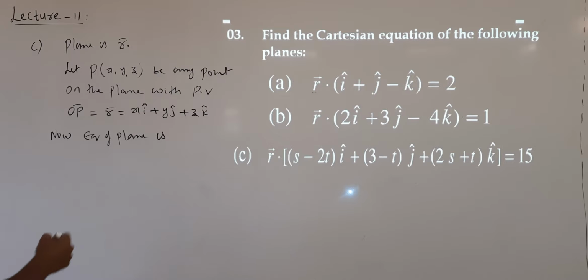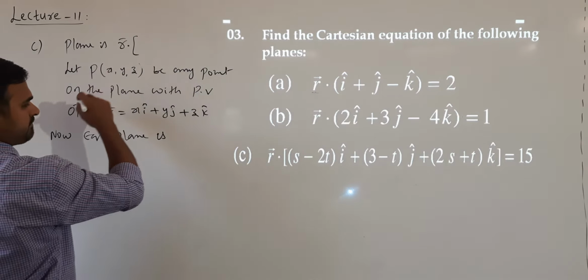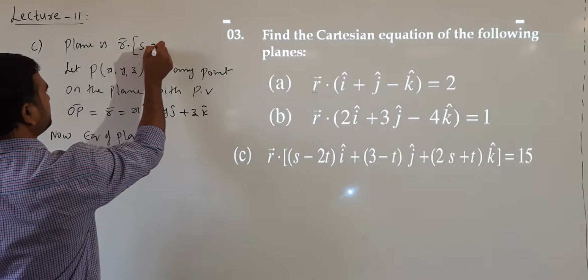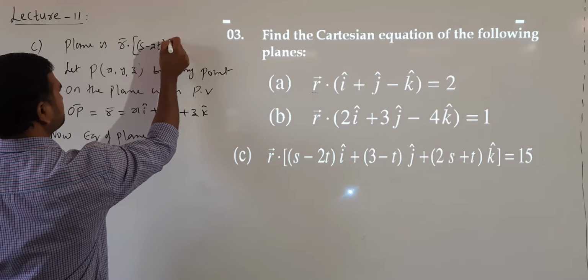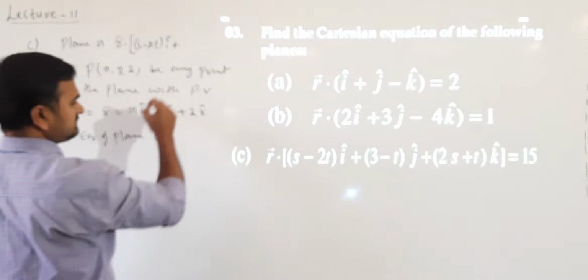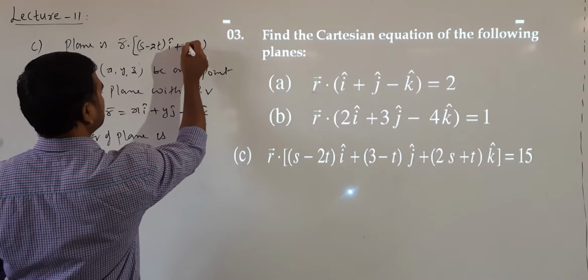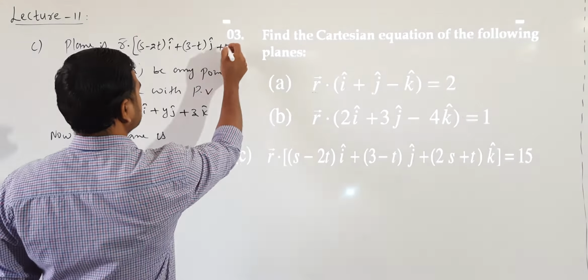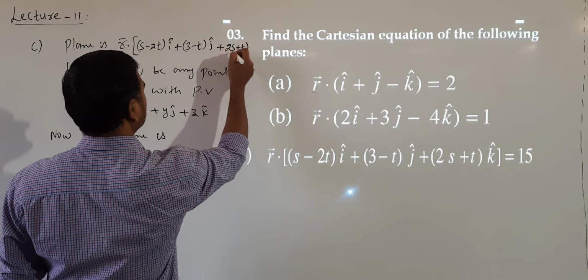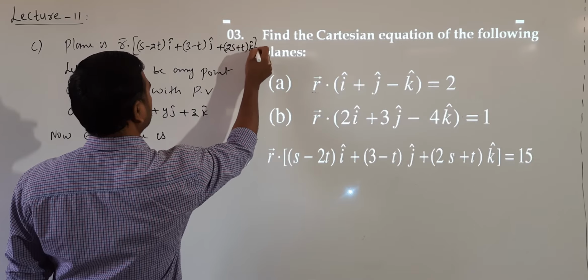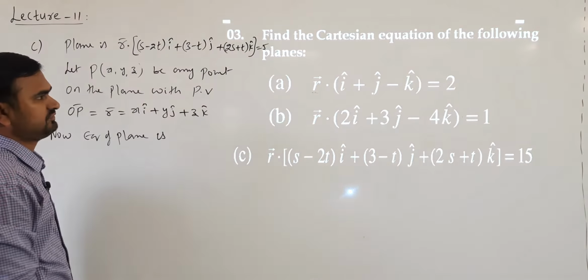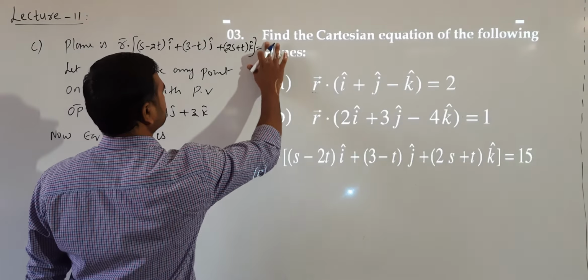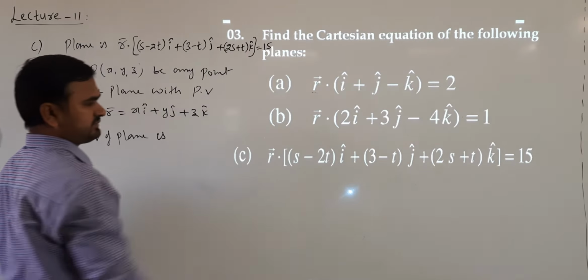The plane is given: r bar dot ((s minus 2t) i plus (3 minus t) j plus (2s plus t) k) is equal to 15. So what will be the equation?